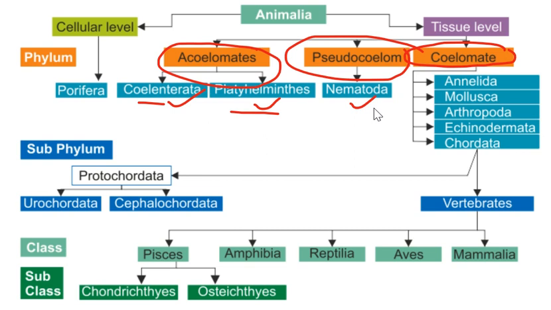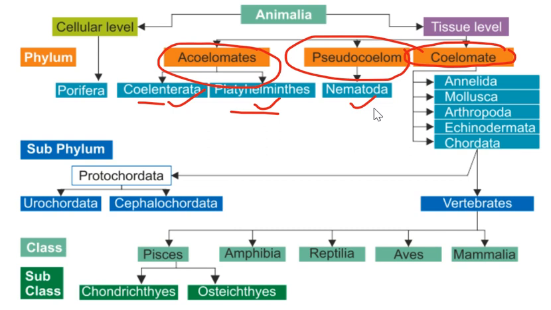Then in the coelomate category, that means the organisms having a true body cavity, we can see five phyla: Annelida, Mollusca, Arthropoda, Echinodermata and Chordata. The features of Annelida phylum: soft, segmented body, two openings, and obviously a true body cavity, that's why they are under the coelomate.